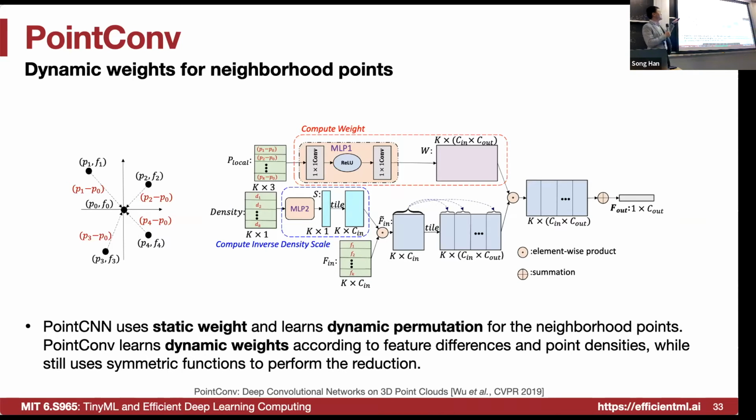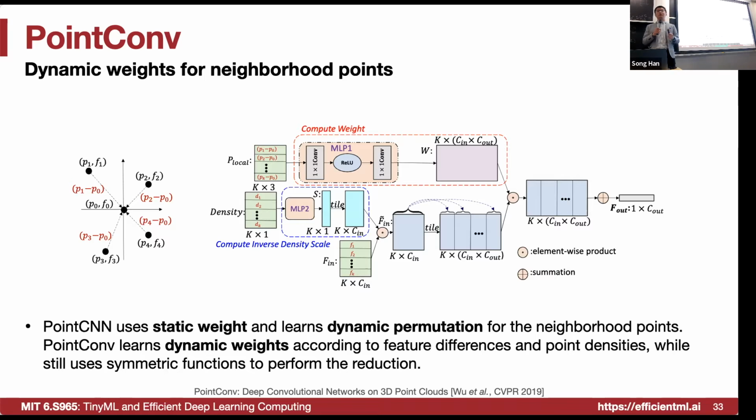And PointConv is another branch of work that is applying dynamic weights for neighborhood points. Okay, so we have several features. We have K points. So we are multiplying by both the density. Imagine if a point is denser among its neighbors versus much sparser with its neighbors, the weight should be different. Right? So we multiply the original feature with the density and also the distance of this point compared with the local point. That is very similar to 2D convolution.